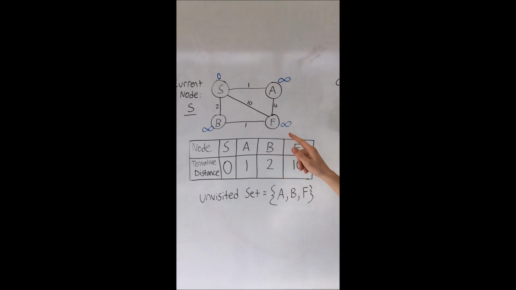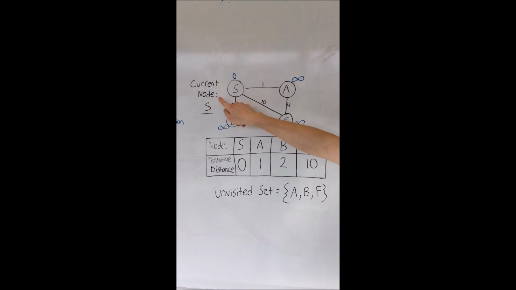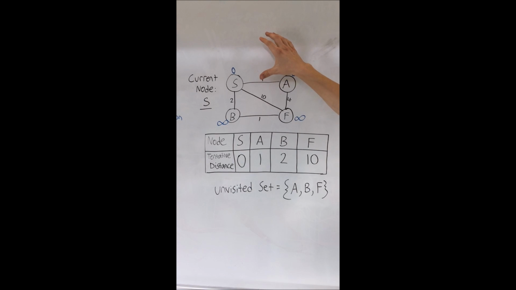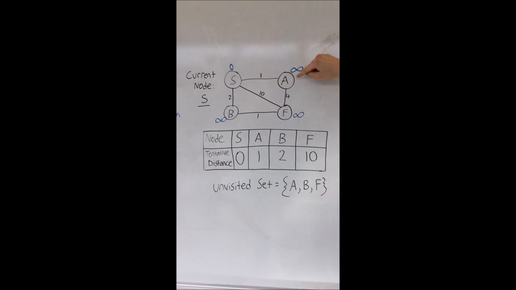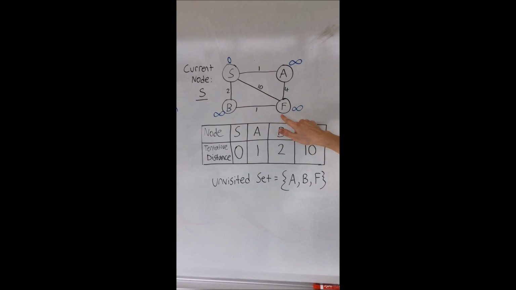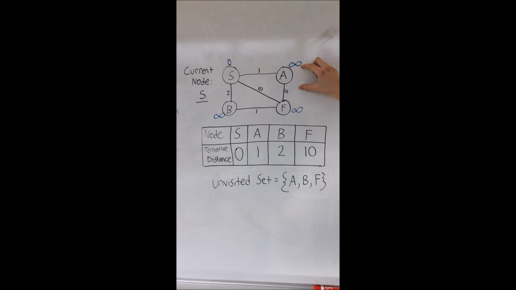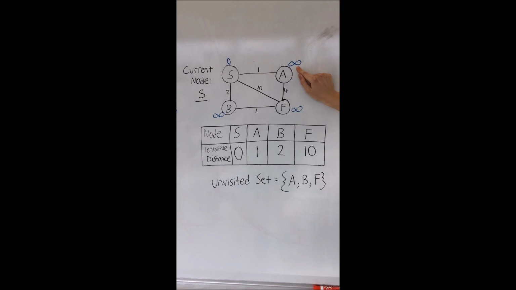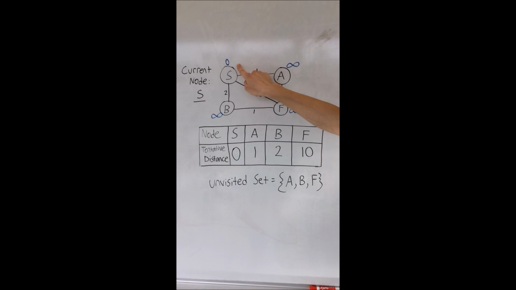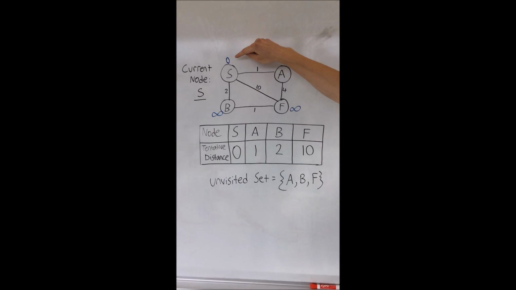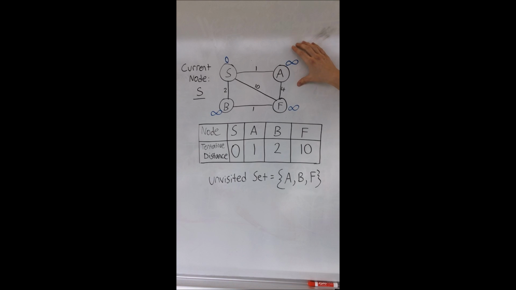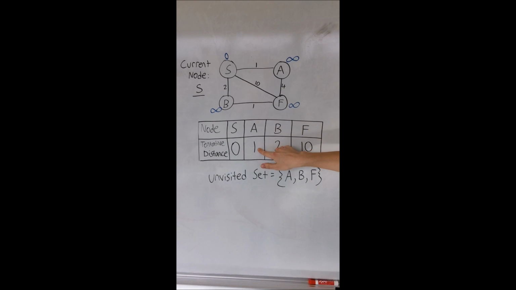On the first pass of the algorithm, we assign the current node to be the start node, which is S. We then consider all of S's unvisited neighbors. In this case, that would be A, B, and F. Looking at A, we compare A's previous value, which was infinity, to the path distance from S to A. In this case, 0 plus 1 is less than infinity, so we're going to assign A's new value to be 1.